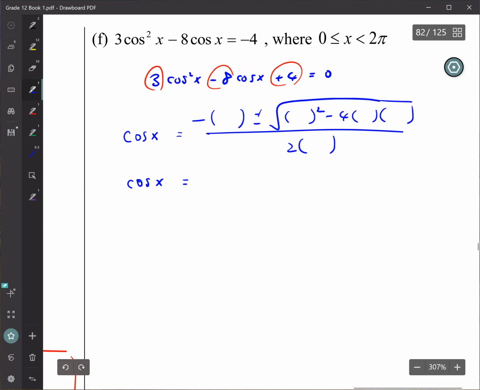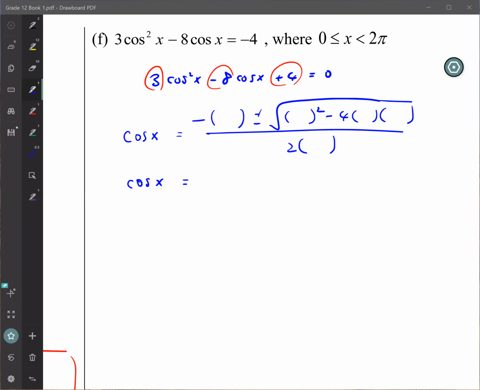Raise your hand if you finish using the quadratic formula. If you forgot the formula, forgot what Cindy just said, you can go back to the formula sheet on the first page.